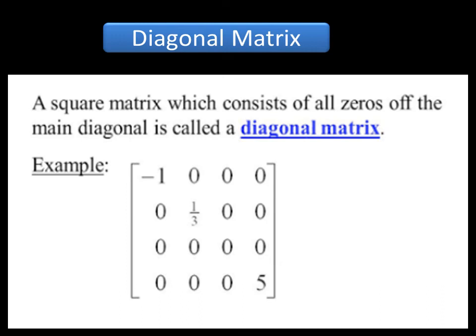1/3 is at the place where second row and second column meet. Similarly, 5 is at the place where last row and last column meet. So all these are diagonal places. If any one of these numbers is not 0 in the diagonal place, then this type of matrix is called a diagonal matrix. But on all other places there must be 0 in the diagonal matrix.